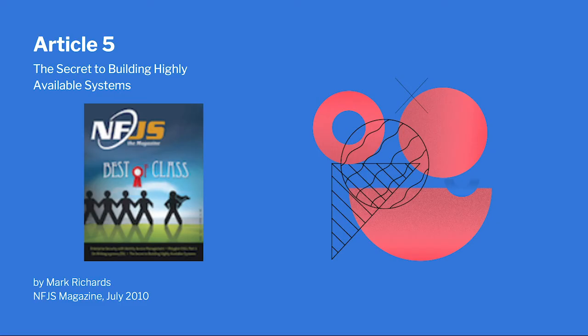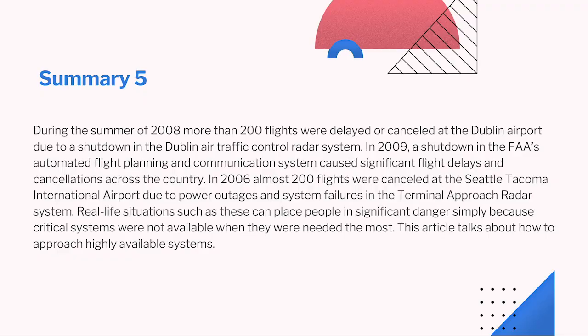Article 5, The Secret to Building Highly Available Systems by Mark Richards, published by NFJS magazine in July 2010. We can summarize the article in the following paragraph. During the summer of 2008, more than 200 flights were delayed or cancelled at the Dublin airport due to a shutdown of the Dublin air traffic control radar system.